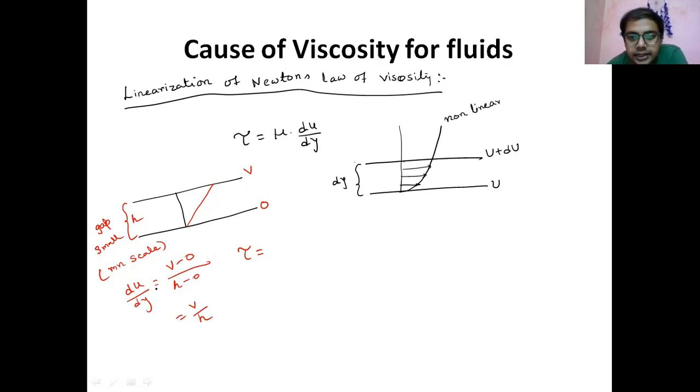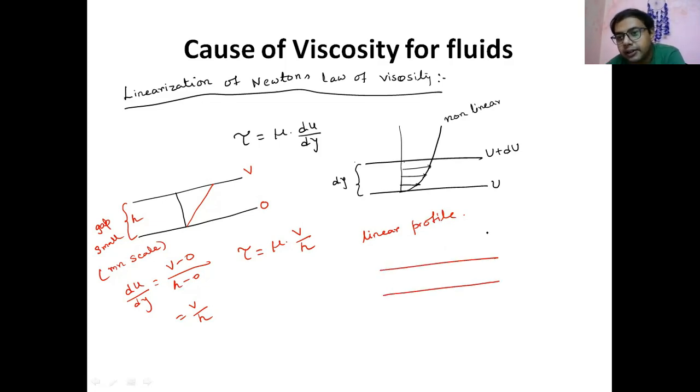So here the consideration is the linearization of Newton's law of viscosity. So you can write it as u by h in linear form. So the gap should be sufficiently small. If the gap is sufficiently small, you can consider the velocity profile as a linear profile. And if this is a linear profile, then there is no more discrepancy here.